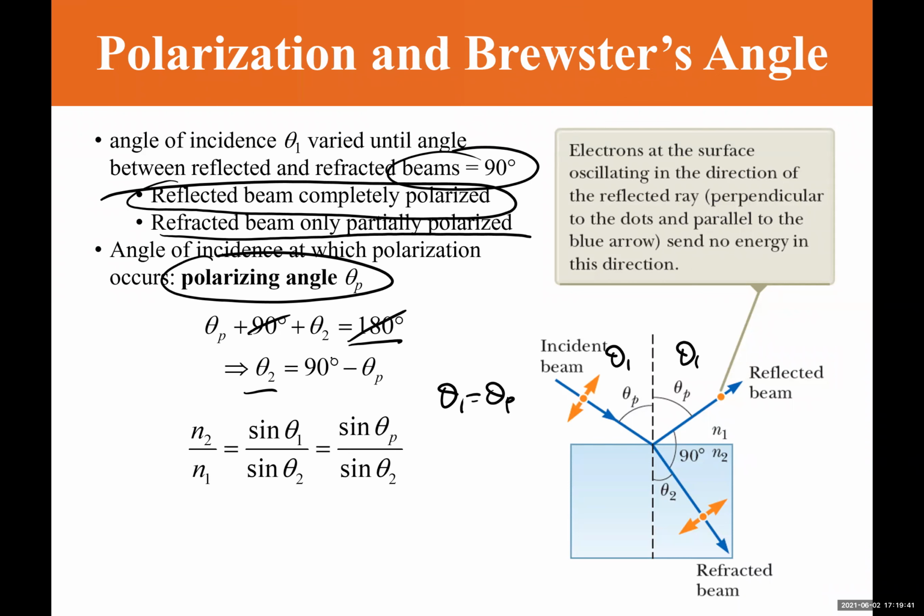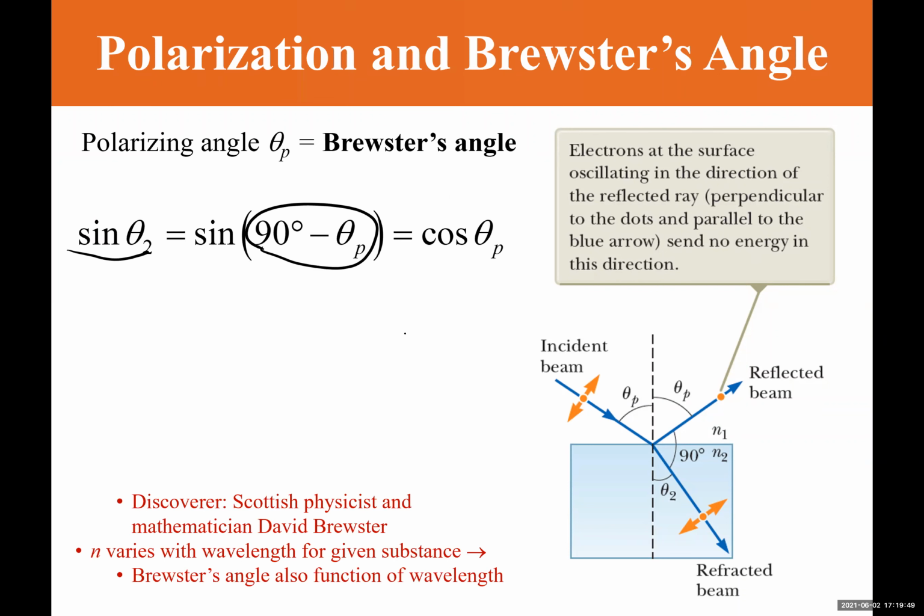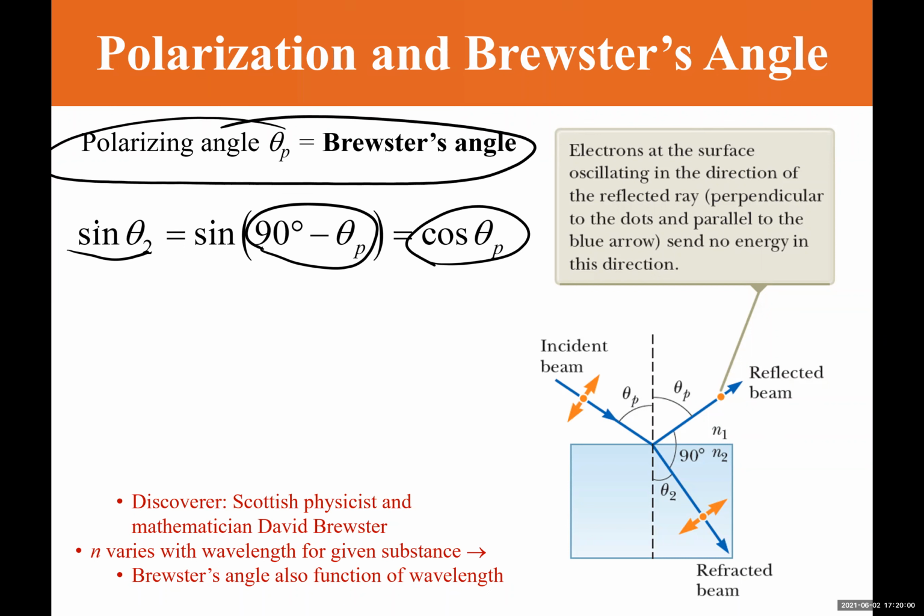Since sine of theta 2 equals sine of 90 minus theta p, from one of those trig identities that equals cosine of theta p. In this case, we are going to call this theta p the Brewster's angle. So n2 over n1 equals sine of theta p over cosine of theta p.